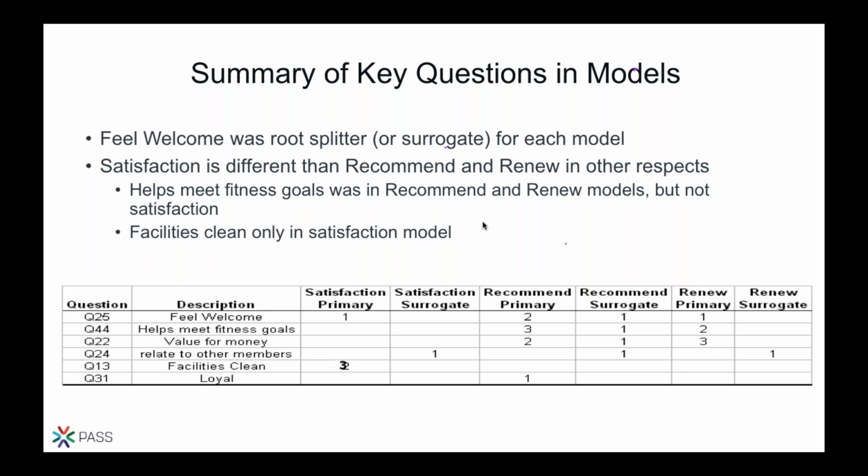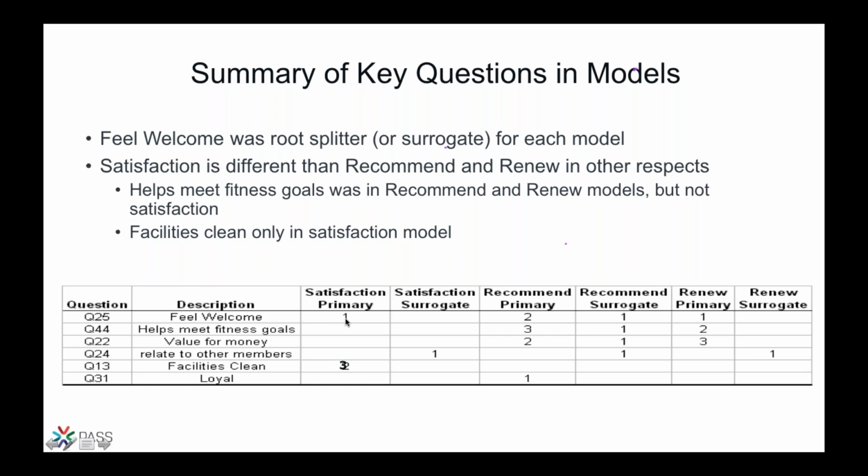Before I close out for other questions, I want to bring up a couple other aspects of this. When you look at which questions are driving these analyses the most, hopefully what you saw is that feeling welcome was the most important. If you were to pick the most important answer to the questions in the survey that drives these key outcomes, it's feeling welcome.